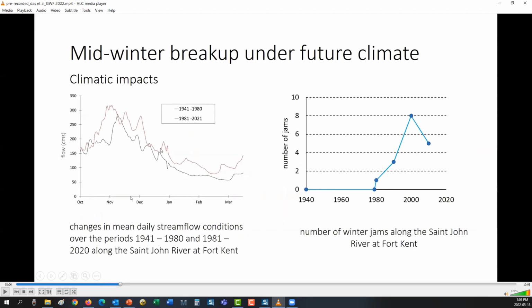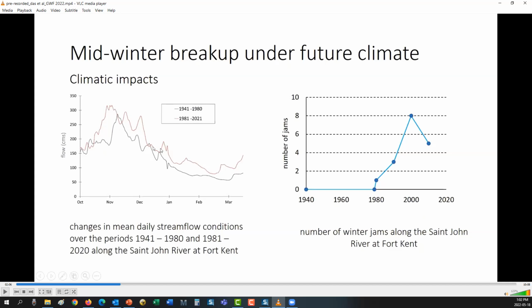Now what's important is how the hydraulic conditions have changed over the decades. Actually, we have here 2 time series, a 40-year period, one from 1941 to 1980, and the black here. And you can also see 1981 to 2100 here as well.